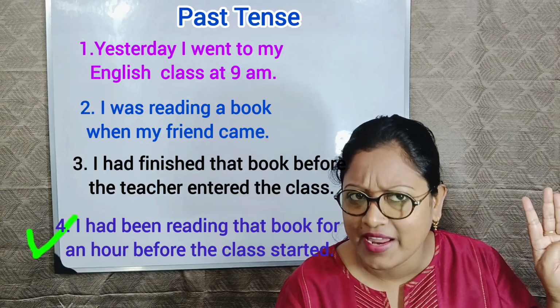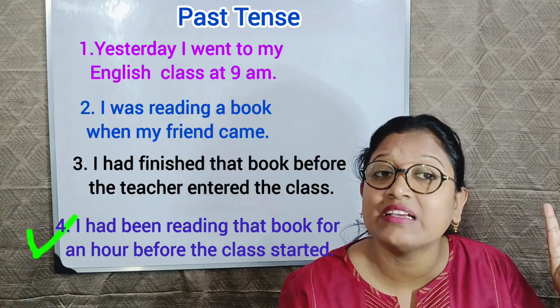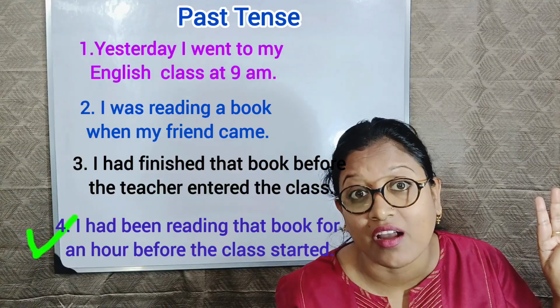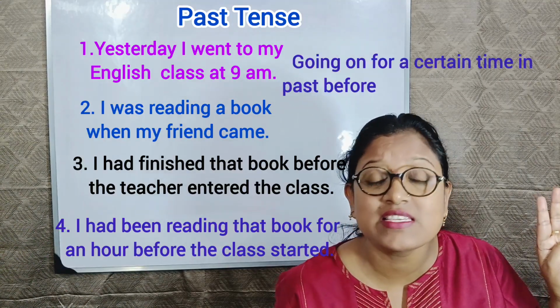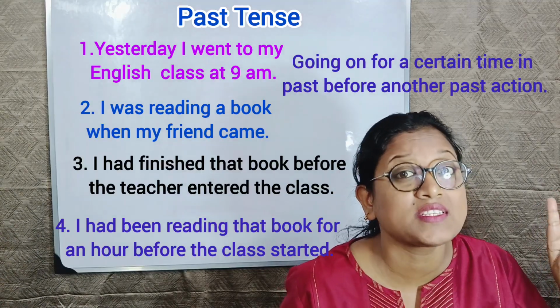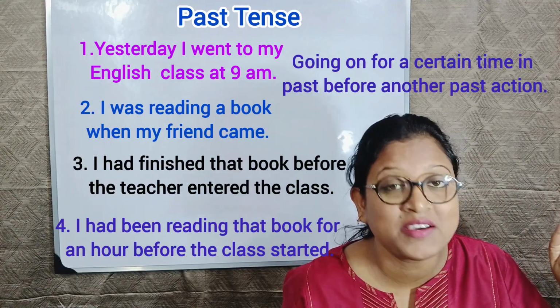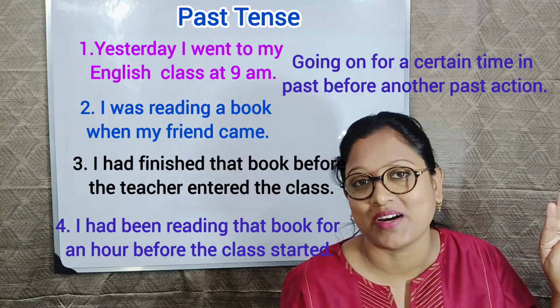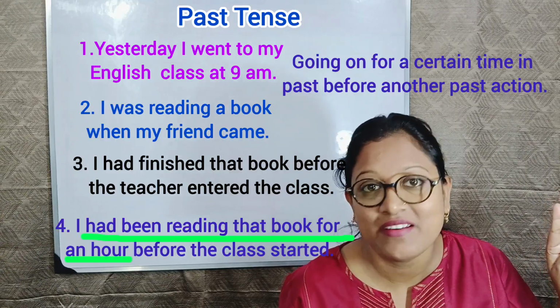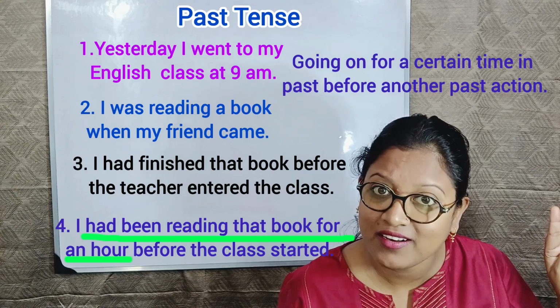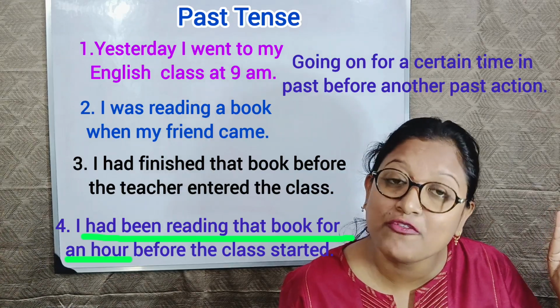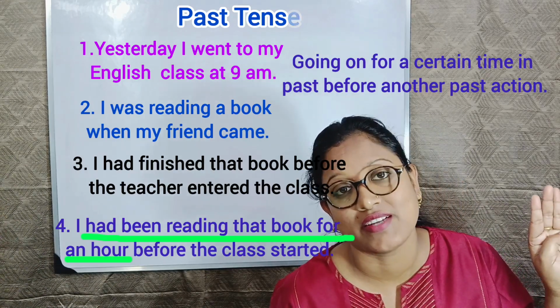Next, I had been reading the book for an hour before the class started. So the action was going on for a certain time in past before another past action. I had been reading that book for an hour. The action was going on in past before the class started.